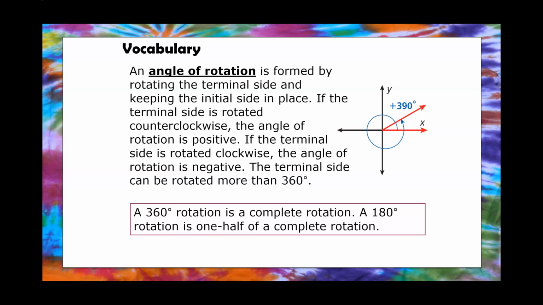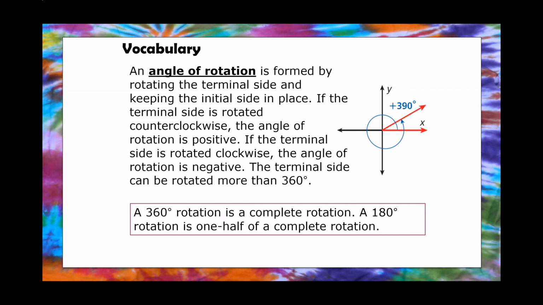All right, let's talk about some vocabulary for angles. So an angle of rotation is formed by rotating the terminal side and keeping the initial side in place. If the terminal side is rotated counterclockwise, then the angle of rotation is positive. If the terminal side is rotated clockwise, the angle of rotation is negative. The terminal side can be rotated more than 360 degrees.